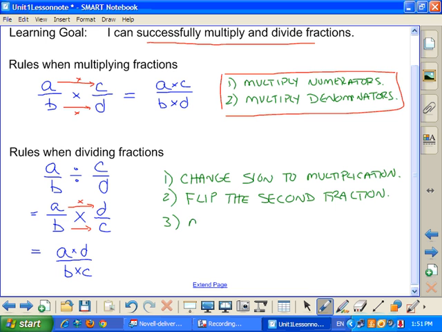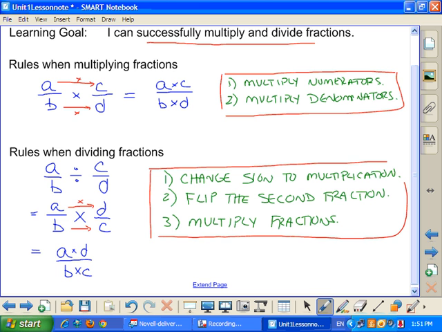Third step is multiply fractions. All right. So there are your steps or rules to multiplying and dividing fractions. And if you forgot how to multiply fractions, so step 3, there it is right up there. Multiply numerators, multiply denominators. So there we go. We now know how to multiply and divide fractions.